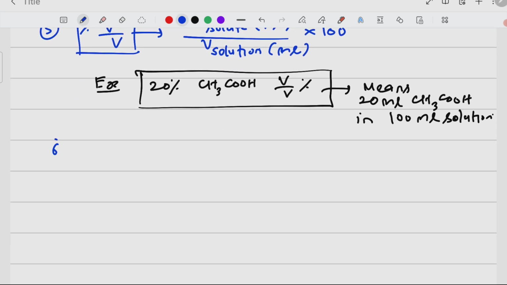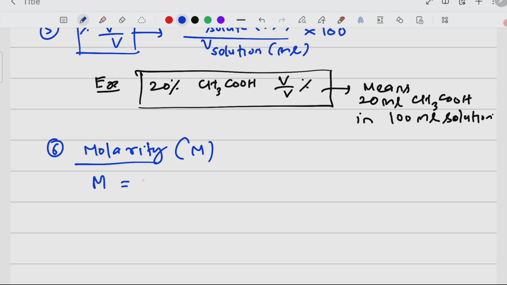Next, moving further, molarity, which is represented by capital M. Do you know the exact difference between molarity and molality? If not, if there is confusion, pay attention and listen properly. How do we define molarity?